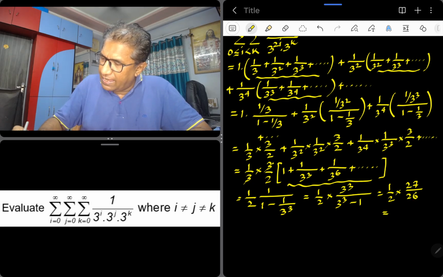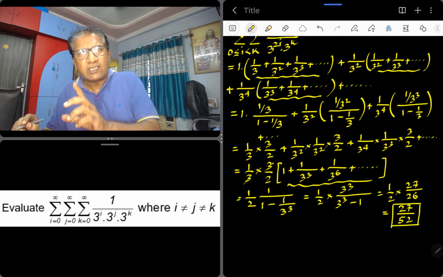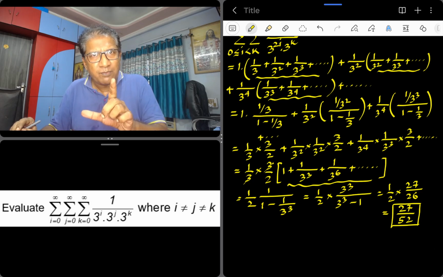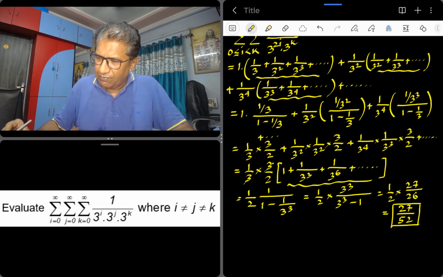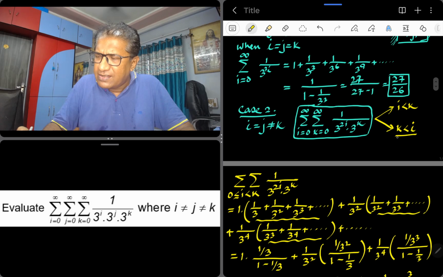So we are getting 27 over 52. Yes or no? So this is the sum of those terms in the series in which your i is less than k. So now I have to consider the second case where your k is less than i.